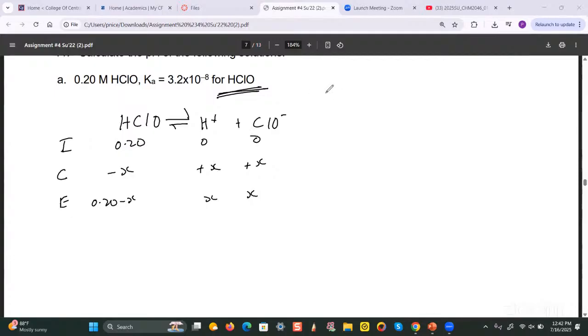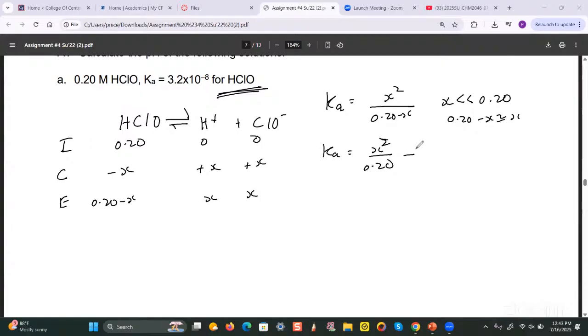And Ka would be equal to X squared over 0.20 minus X. Then we're going to say that X is so much smaller compared to 0.20, such that 0.20 minus X is approximately 0.20. So this simplifies to Ka being equal to X squared over 0.20, which means that X is equal to the square root of Ka times 0.20.